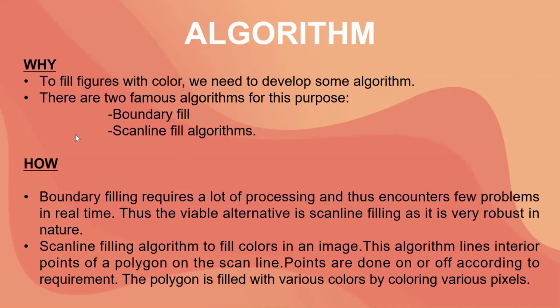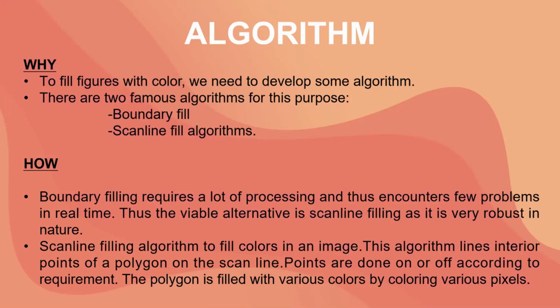This scan line fill algorithm is used to fill any kind of image. In this algorithm, you can fill all the interior points of a polygon. Imagine you have an x and y coordinate system and one square box.